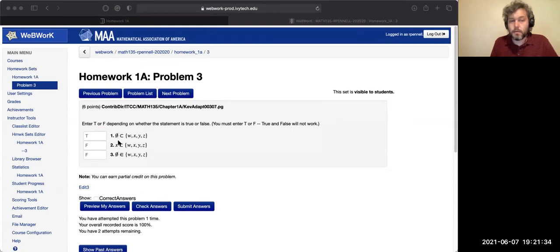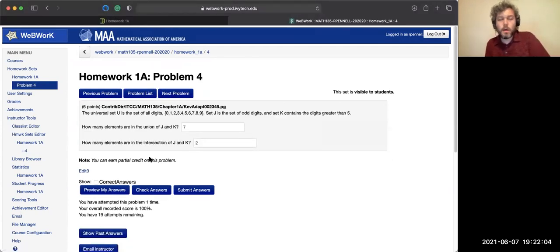It's not a subset. I would need some braces around that X for it to be true. And is the empty set an element inside this set? That would be false because the empty set is a set and not an element, and it's not contained in there. So hopefully that makes sense what that's referring to now.